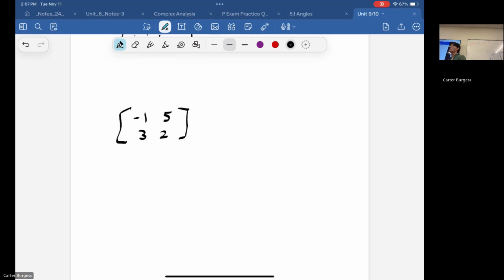Okay. What must be true about this matrix and its inverse? What is the one fact about inverses that we know?